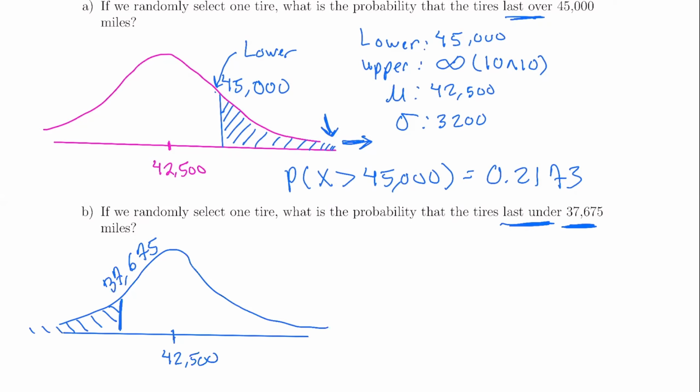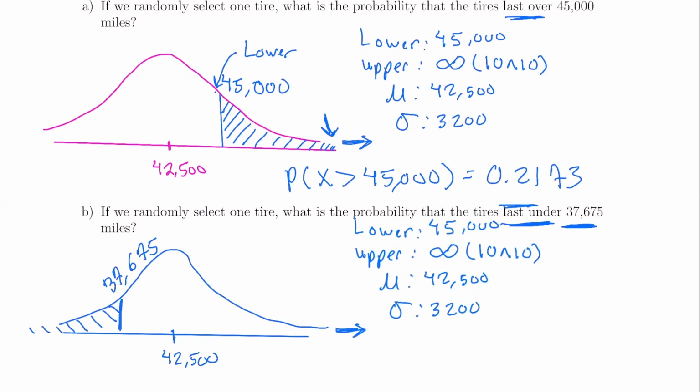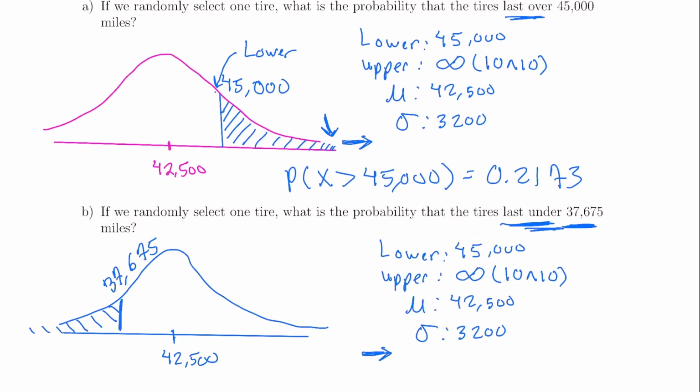All right. Let me save some time and copy and paste. First thing we're gonna find is the lower. The lower is over here to the left-hand side, and it doesn't have a cutoff. So since the lower doesn't have a cutoff, the lower is just negative infinity, because you keep on going to the left-hand side.